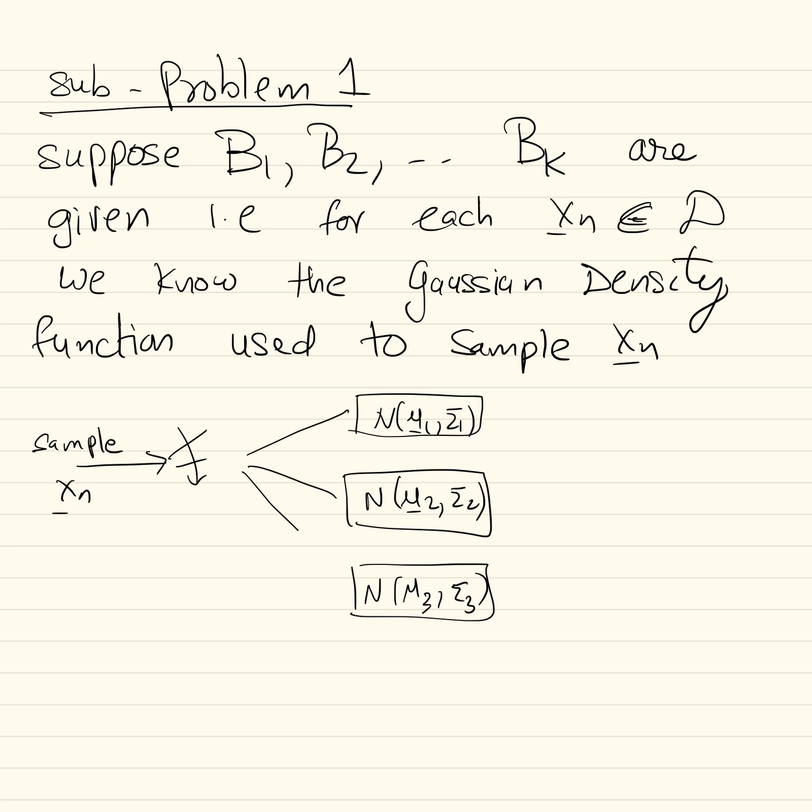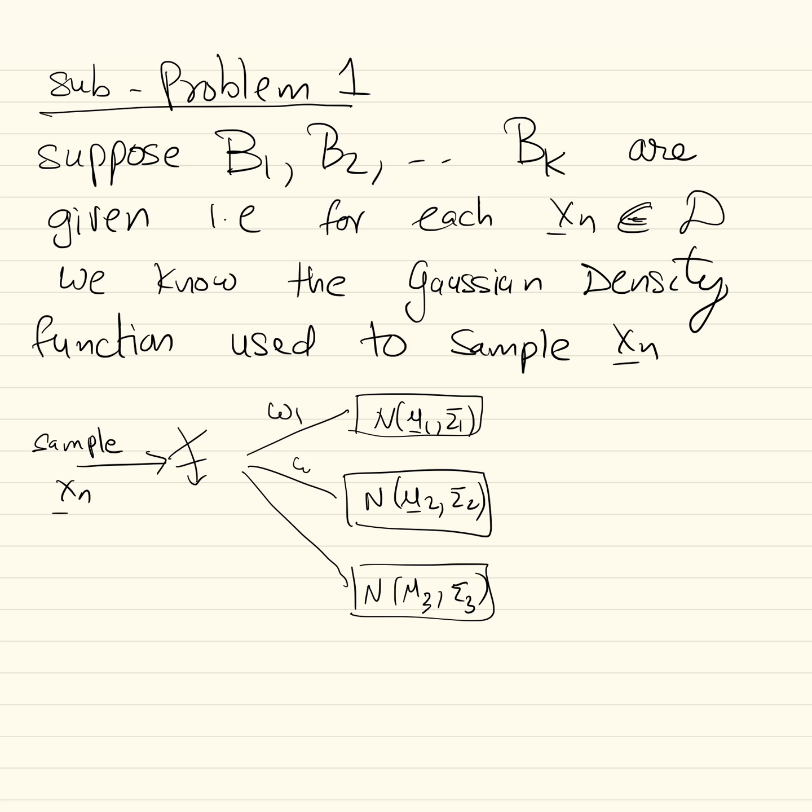And we argued that these connections were probabilistic. With probability W1 you would go on the first branch, with probability W2 you go on the second branch, and probability W3 you go on the third branch. Once you go on one branch, you use the corresponding Gaussian to sample it, right? From this you get a xn as output.